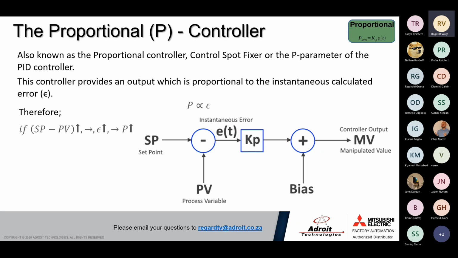So that would be a P controller. However, if you look at highly accurate systems like petrochem applications where tank levels must be precise, then a P controller alone will be insufficient because of the overshoot and undershoot, as well as the steady state error.